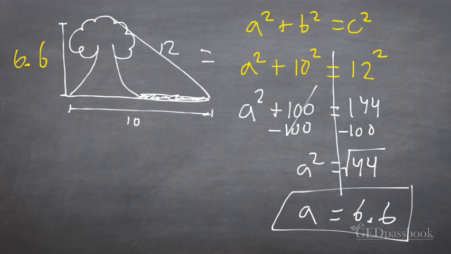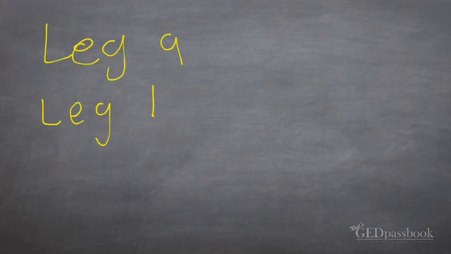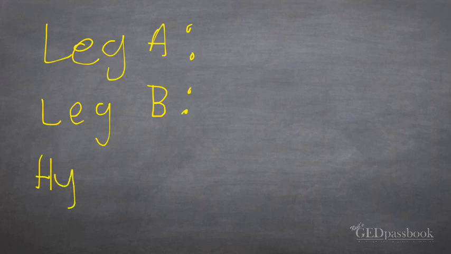And I don't mean tough as in tough. It'll be very clear. Either they give you a picture, or they tell you, like the way today's worksheets are going to be laid out. Either they give you a diagram like the one I just drew, or they give you something like this. Leg A, leg B. I'm just going to use capital letters.